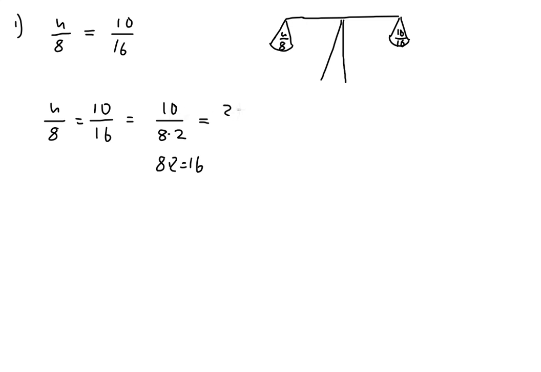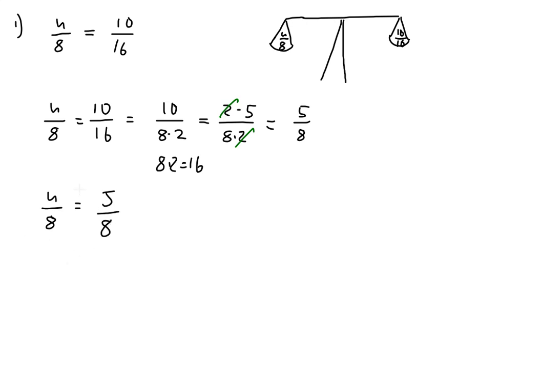So it's 2 times, and here we have 8 times 2. Yeah, 2 times what is 10? It's 5. If you have 2 times 5, it's 10. And now you can cancel out the common factors in the numerator and the denominator. And the result would be 5 divided by 8. Now I can write down n divided by 8 is 5 divided by 8.